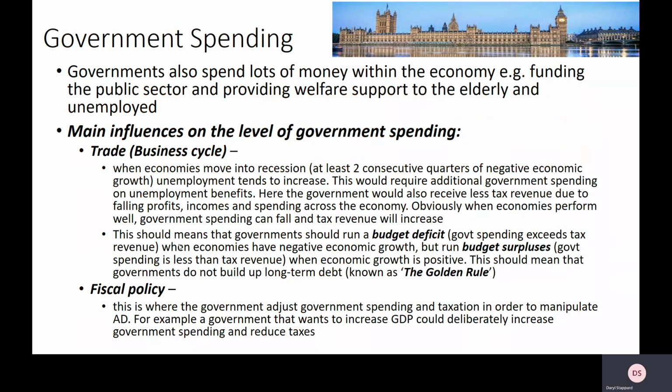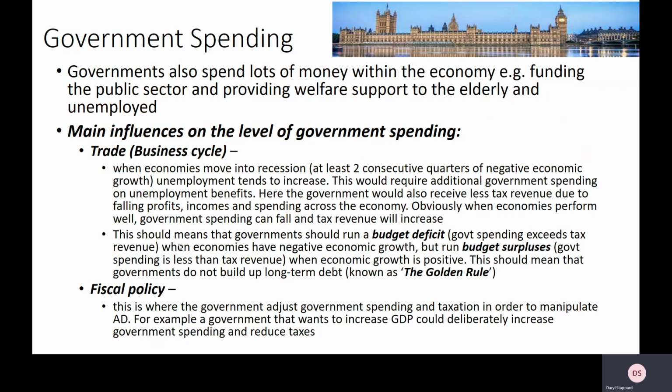So you tend to find that when economies aren't doing very well, governments will increase their spending. Obviously, when economies are doing very well, then governments will often reduce government spending, probably to try and improve the finances from overspending when times were not very good in the economy.